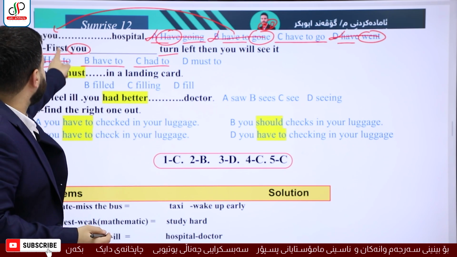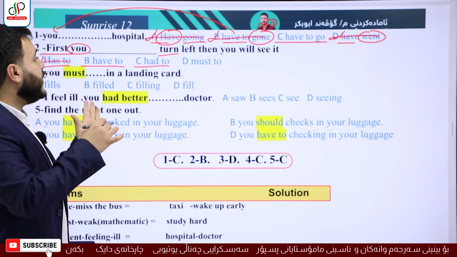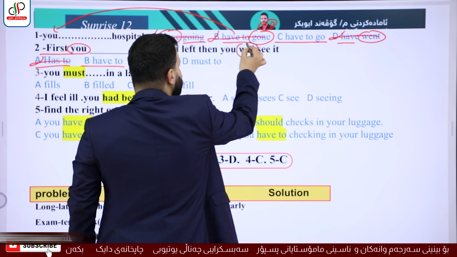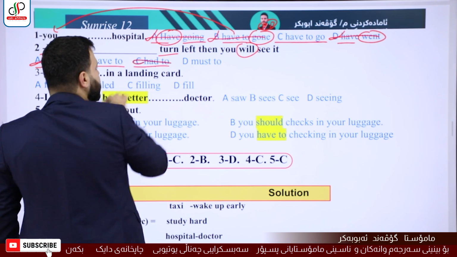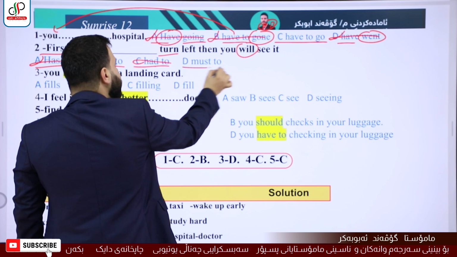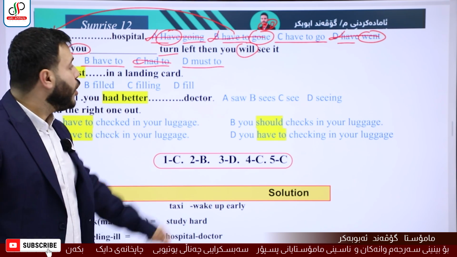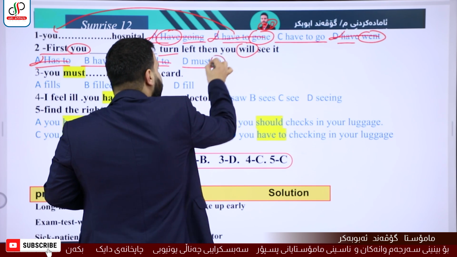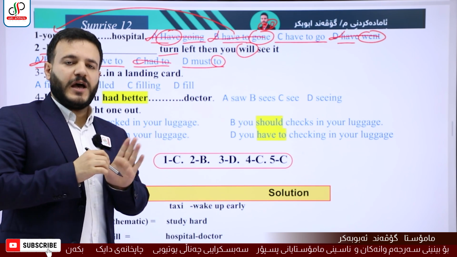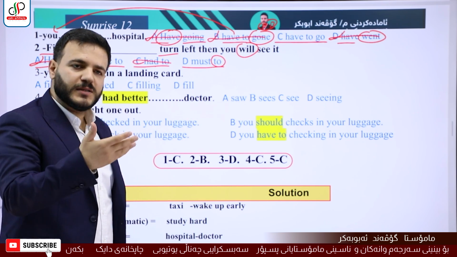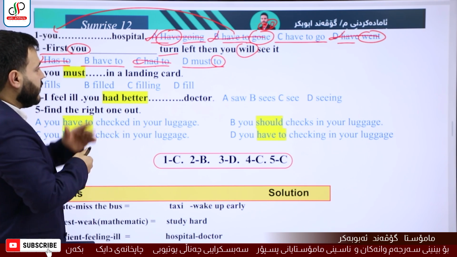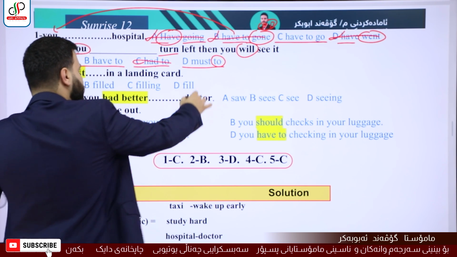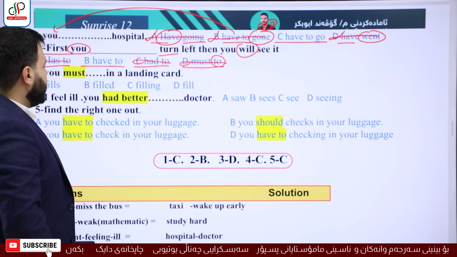But if you see "first you blank turn left, then you will see it," will is for future, but had is for past. That's why C is wrong. Why is D wrong? D is wrong because we have "to" here. We don't use to with must. Must doesn't need to be followed by to. That's why D is wrong.